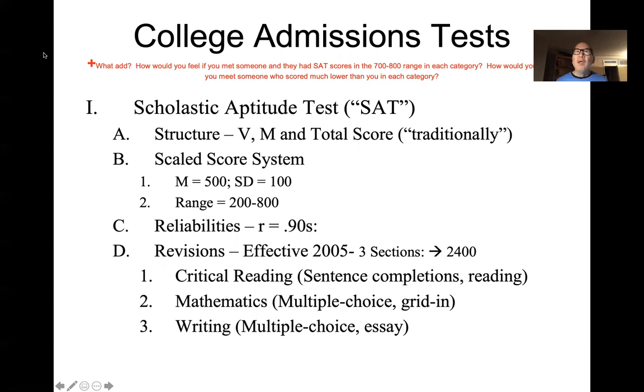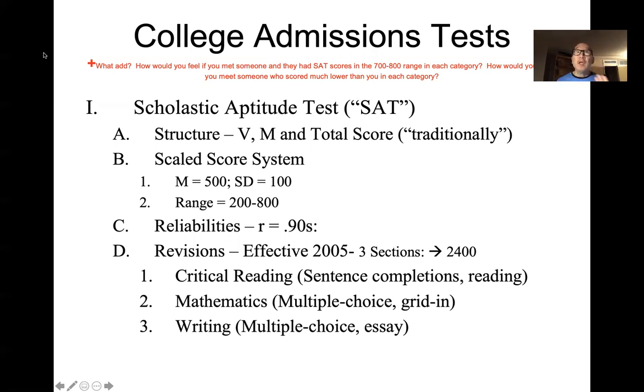It's essentially structured along two main parameters, verbal and math ability. There's also a total score traditionally, and then we'll get to how it changed relatively recently, back in 2005. But traditionally, for decades, there was a verbal and math component, and then a total score.